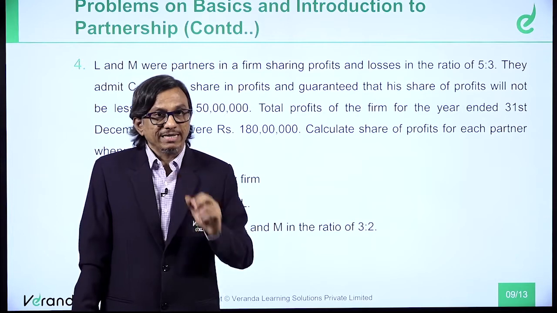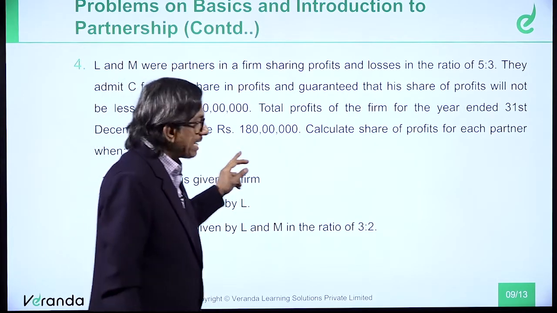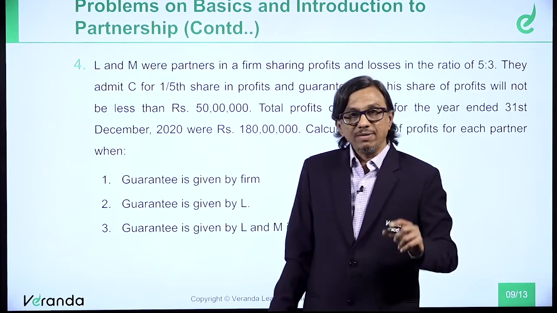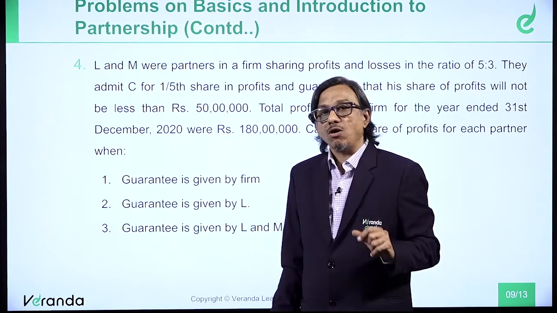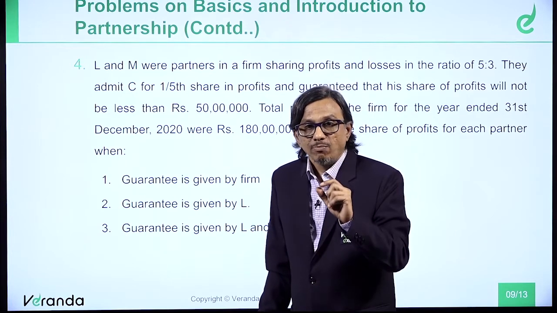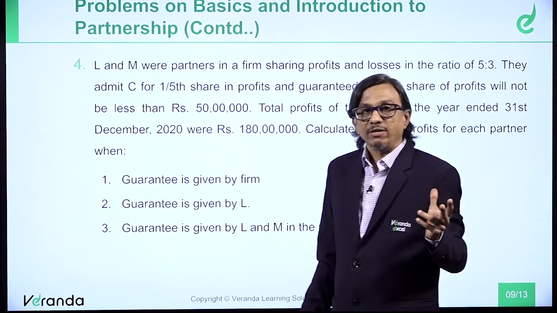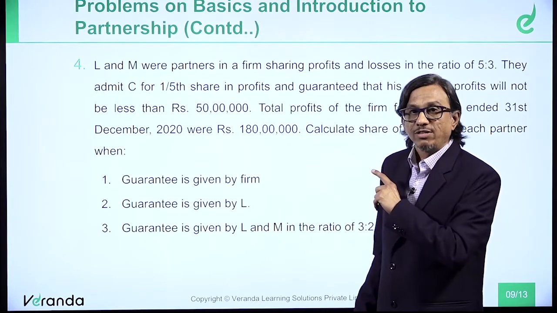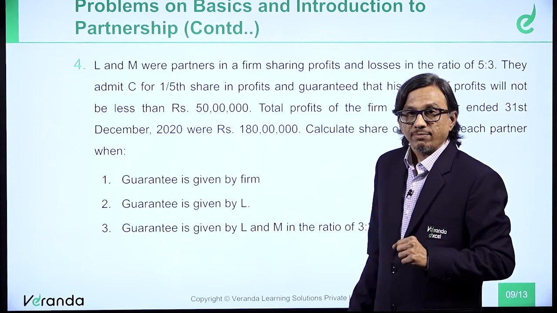In the first case, guarantee is given by the firm. That means in the event of deficiency on the profit payable to C, the deficiency will be borne by all the other partners in their mutual profit sharing ratio, which is 5:3 in the problem.